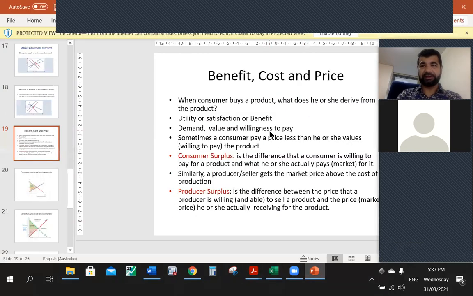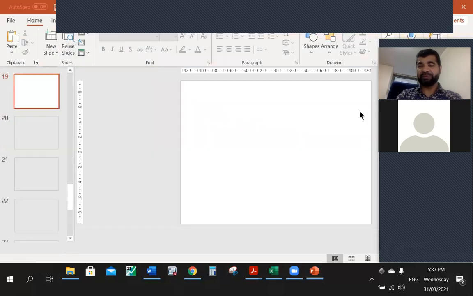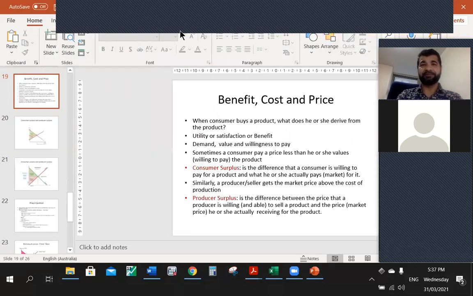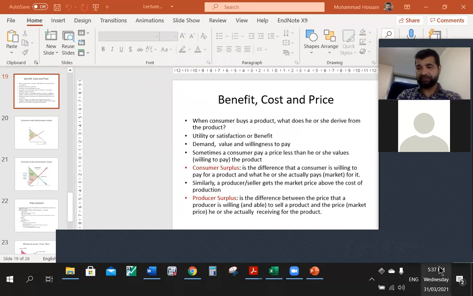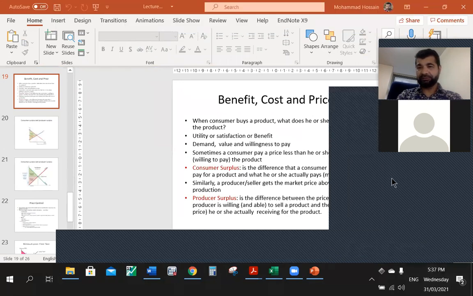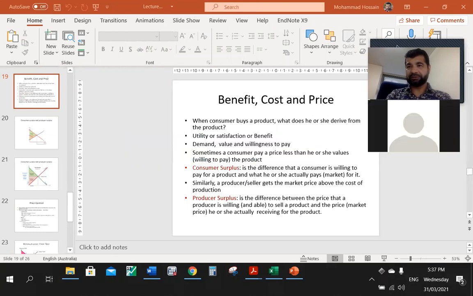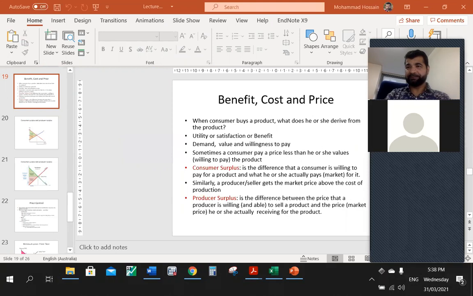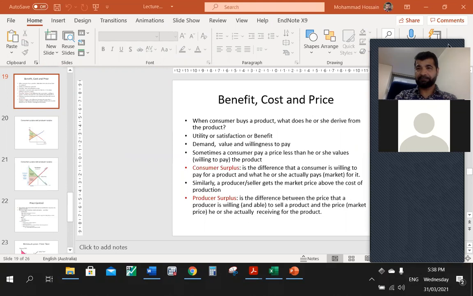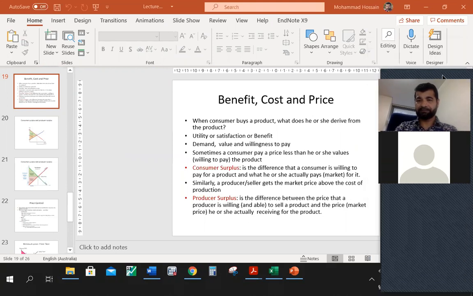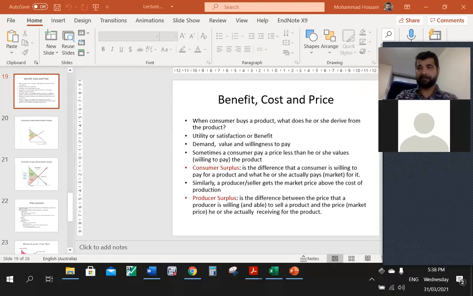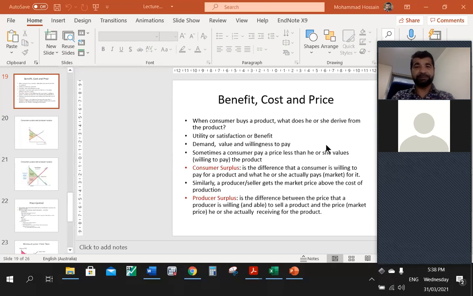So let's start with this one, with consumer surplus and producer surplus. Let's start from here, and let me hide this one. Okay. Let's work on it.